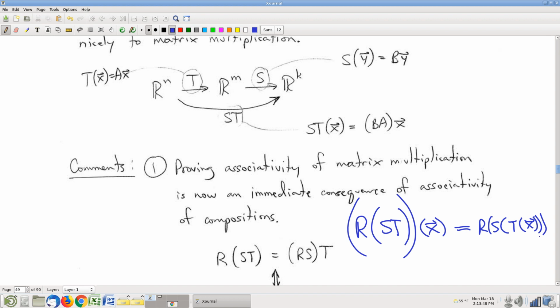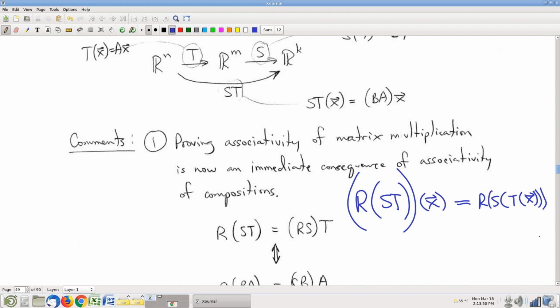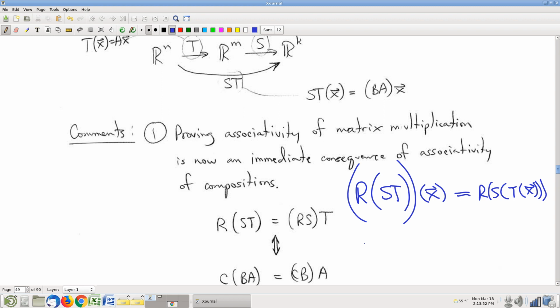I hope that's the right number of parentheses. I think so. Okay. On the other hand, what is RS T of x? Well, here we're going to compose RS and then compose T, thus giving us R of S of T of x.